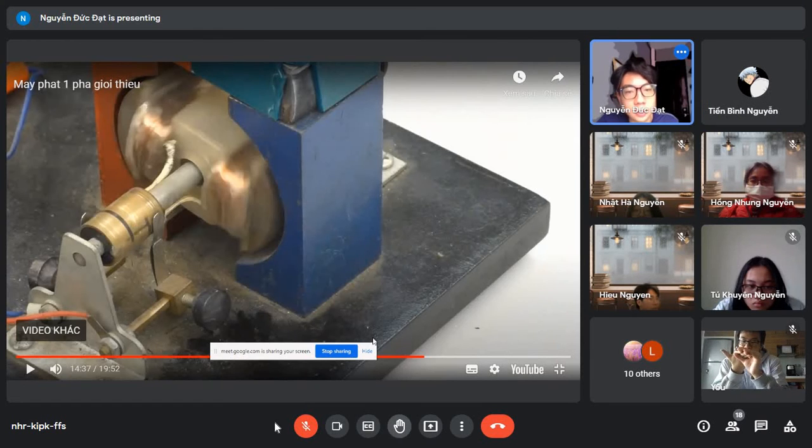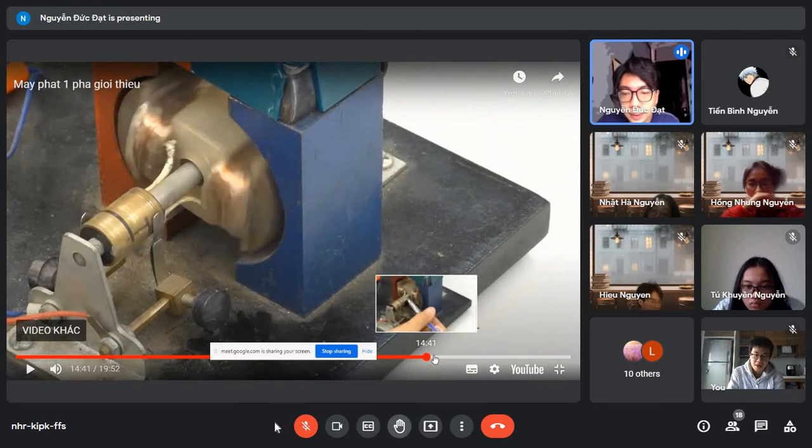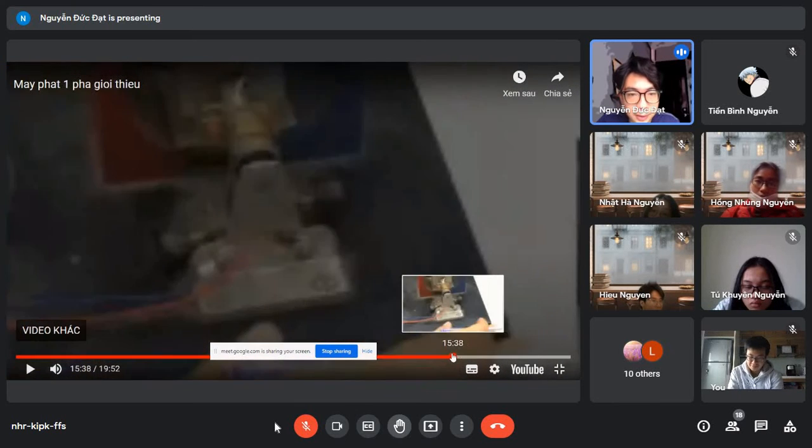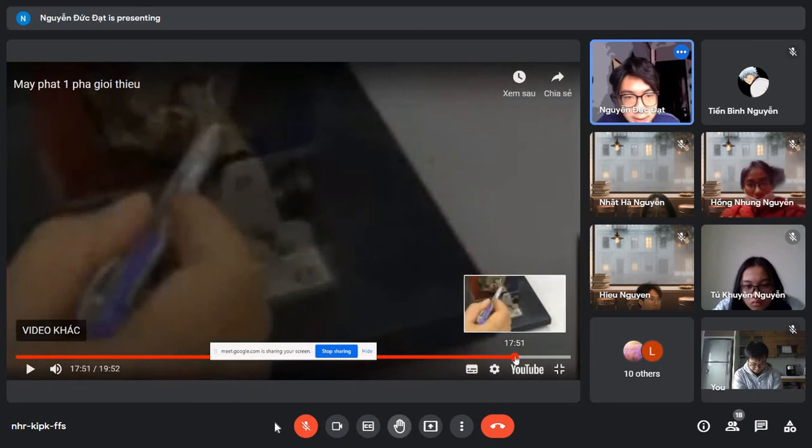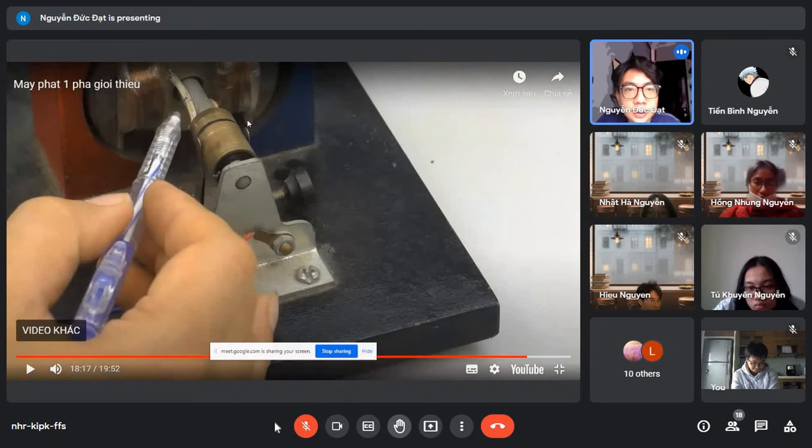Yes. That is the basic answer. If we just have two separated rings, then we can only collect the AC current, right? And if we want to collect the DC current, the brushes should be placed like this, in the middle.